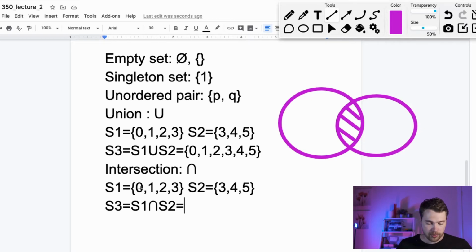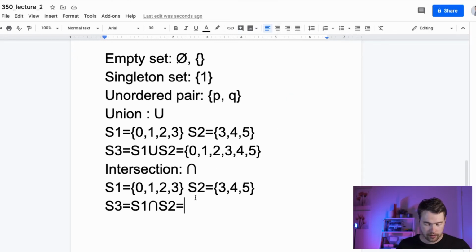In our case, when we have S1 and S2, what do we have in common between S1 and S2? There is only one number, which is 3, right? Okay, so intersection between S1 and S2 will be 1.